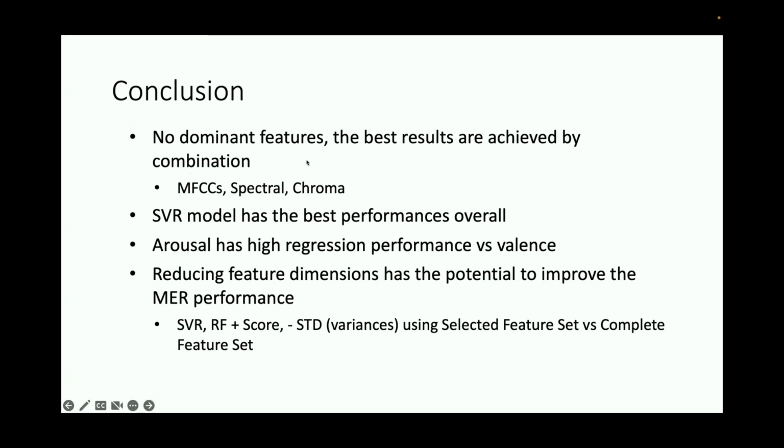We also found the SVR model has the best performance on the emotion recognition task, and arousal recognition has higher performance than valence. In summary, reducing feature dimension has the potential to improve MER performance.